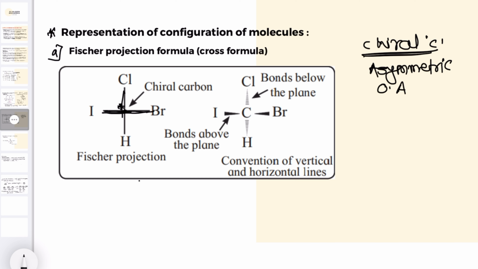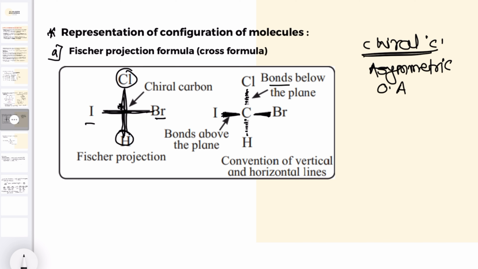Making horizontal and vertical line. To the horizontal line, iodine and bromine is there, so it is represented as wedge line. Horizontal groups are shown by the wedge line. This wedge line indicates the bonds above the plane from the carbon, and this chlorine and hydrogen present as vertical line. That means in Fischer projection they are shown in a dotted line.